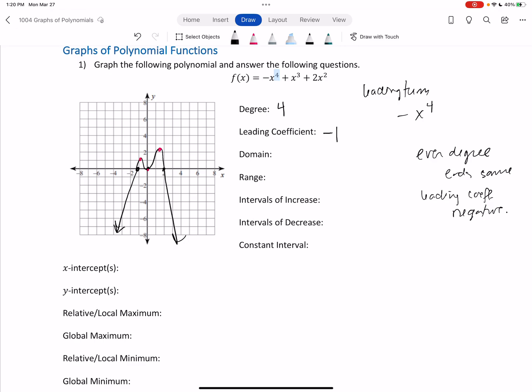If I look at this graph, the domain is all real numbers. It goes forever to the left, forever to the right. The range goes from negative infinity at the bottom to the top, whatever this point is here.